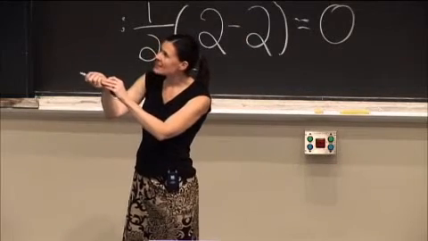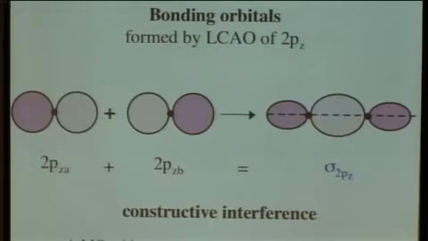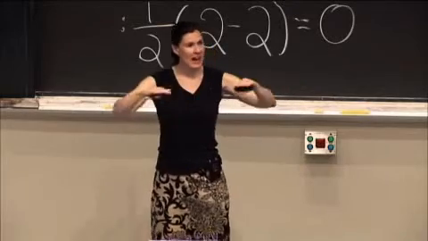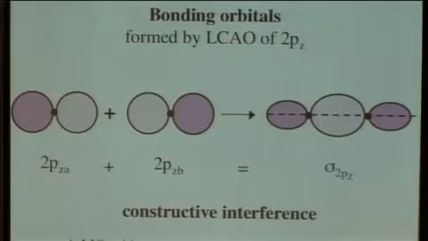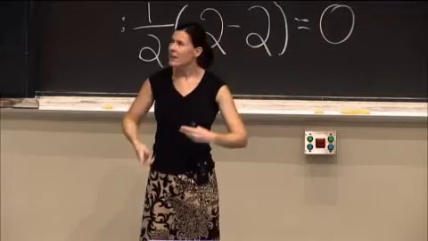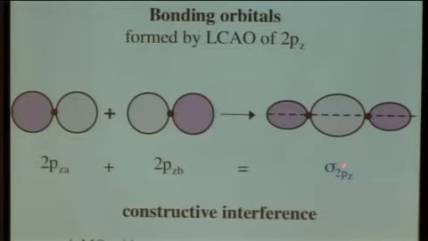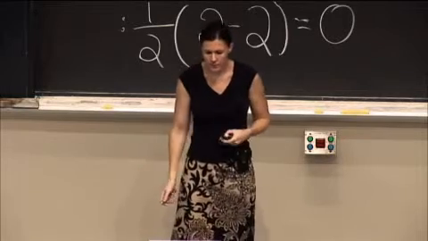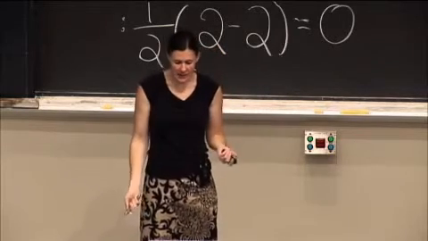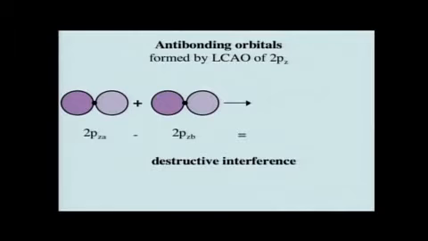Specifically, it's always the z that forms the sigma orbital, and the reason is, at least for this class, we always define the internuclear axis as the z-axis. So it's always going to be the two pz's that are coming together head-on. The reason that there is increased electron density here is you can see that these two orbitals come together and constructively interfere.